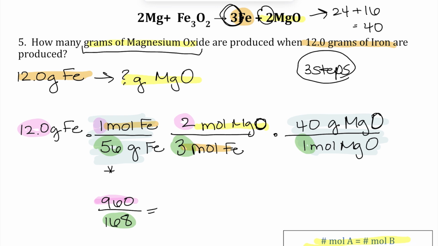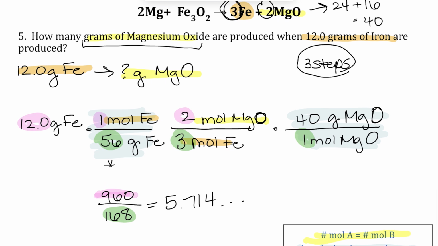And then 960 divided by that 168 gives me 5.714, and that continues on. Let's round to 1 decimal place, 5.7. That 1 is going to keep that 7 in the 10th place. And then we need our units, grams of MgO.